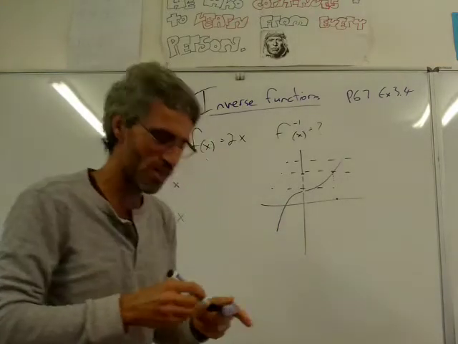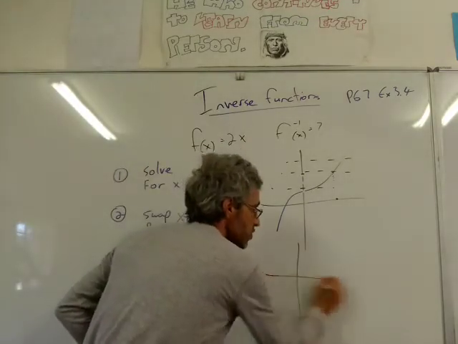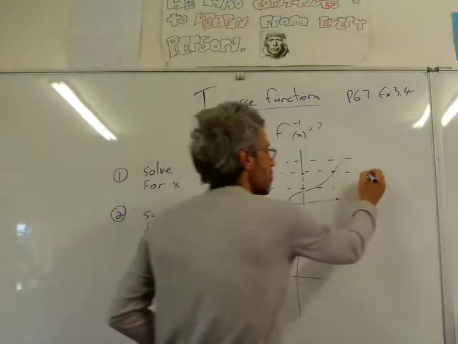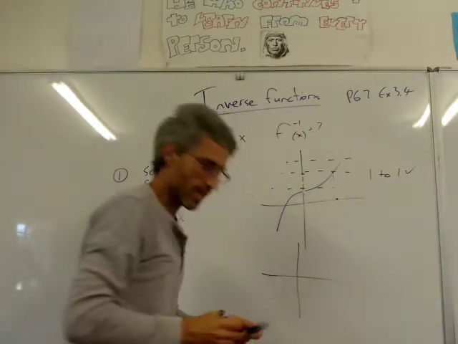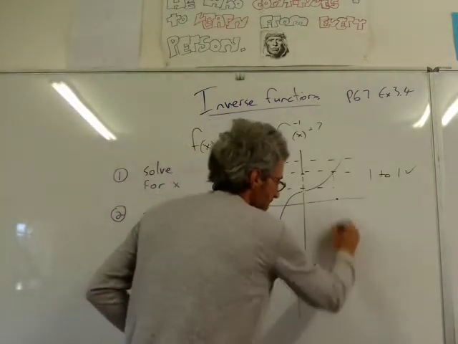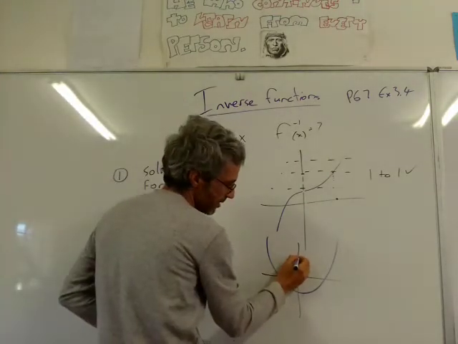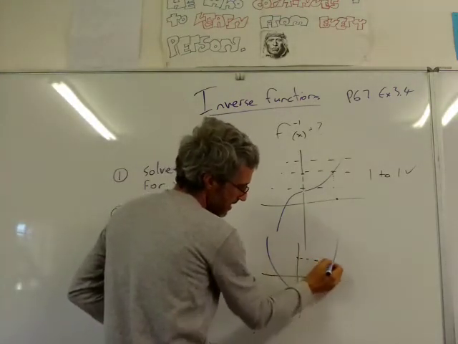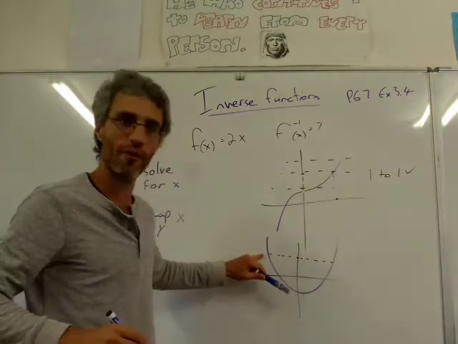It's a bit difficult to see here. I'll show you with a function which is not one-to-one. This is one-to-one. That is one-to-one. Let's think about a function that is not one-to-one. The easiest thing for me to think about is any kind of parabola. Because if I pick a y value, let's say here, and draw a horizontal line, I will cut the graph in two places.